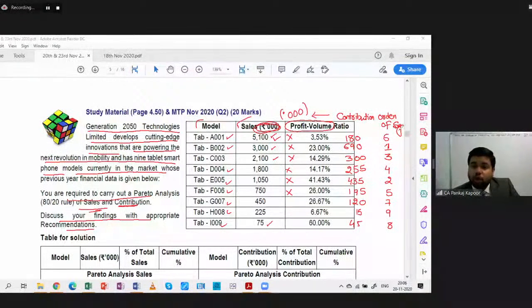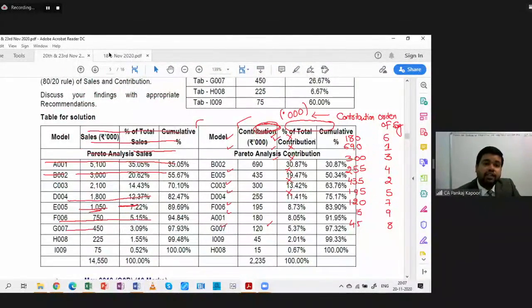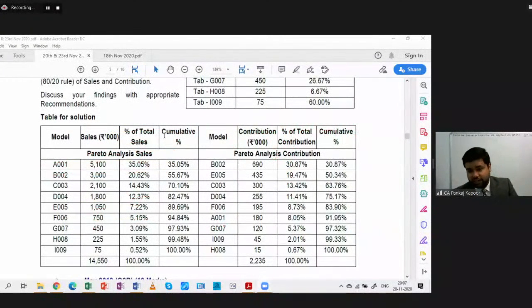So we developed the order of the significance. Now, likewise, as we solved the previous question, this time also we develop a table where we write the products in the order of the significance. In the case of the sale, the product is already mentioned in the order of the significance.